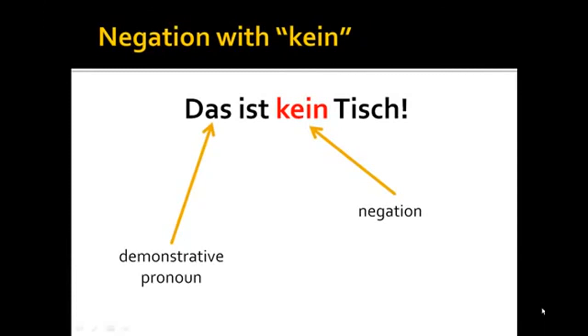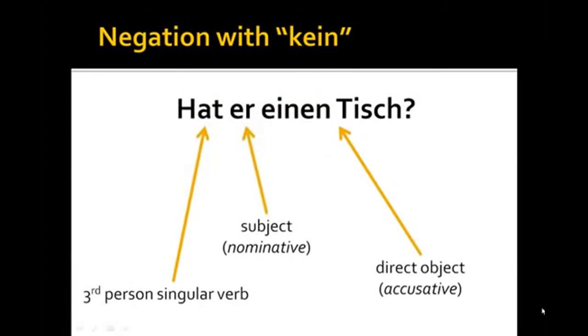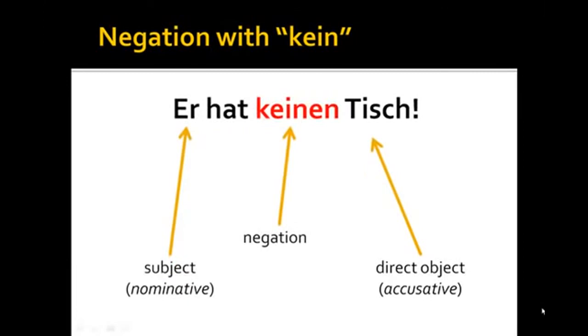Now, if I deal with an accusative environment, if I want to have an accusative direct object in the sentence, I will also change kein. Hat er einen Tisch? Does he have a table? If I want to negate this sentence, I simply change einen into keinen. Er hat keinen Tisch. He has no table.